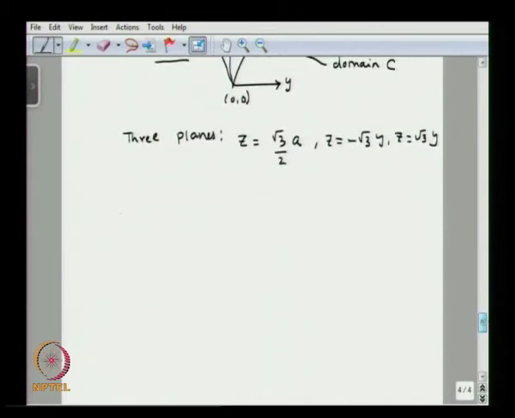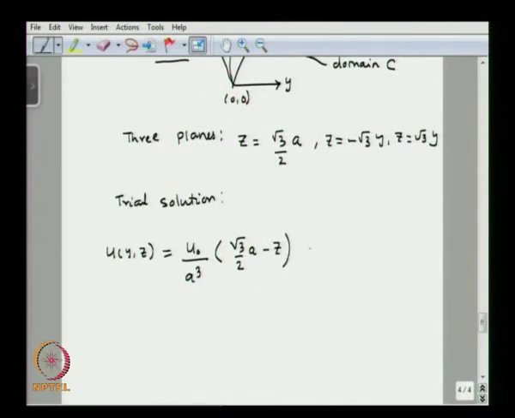So, we can write a trial solution similar to the elliptical cross section case. u(y,z) equal to u0 divided by a cube into z, into square root of 3 by 2 into a minus z, into z minus square root of 3 y, into z plus square root of 3 y.